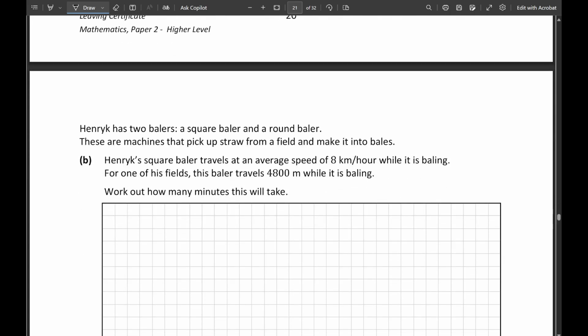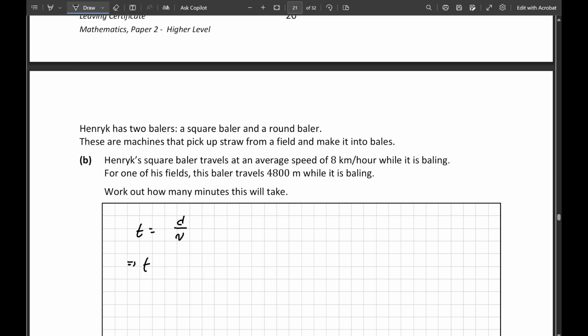Henrik has 2 balers, a square and a round baler. These are machines to pick up straw and make it into bales. It travels at an average speed of 8 kilometers an hour while it's baling the fields. Work out how many minutes this will take. So time will just be distance over speed.